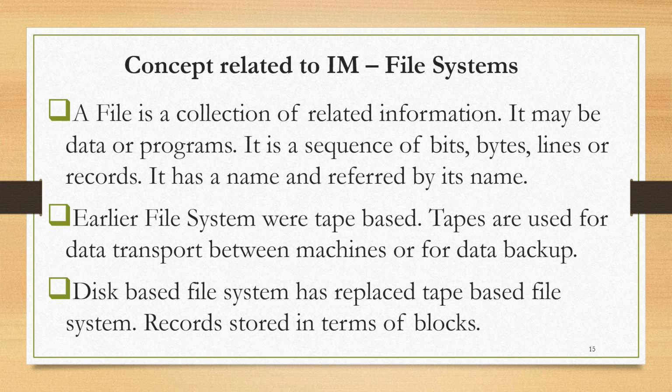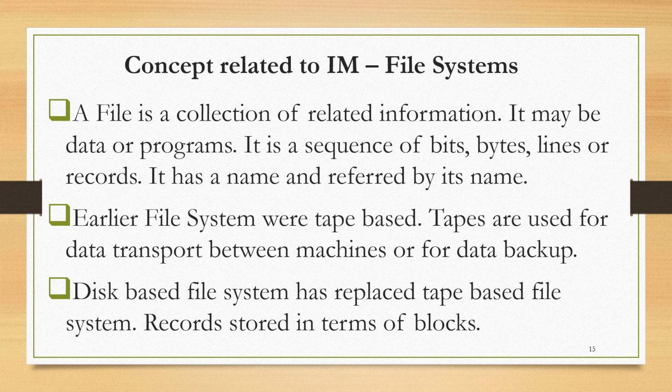Earlier file systems were tape based. I think you might not have seen that tape based system. When there was a tape based system, it was called a second generation or third generation computer. They used to use TOS, which means tape operating system. So the earlier system was tape based.